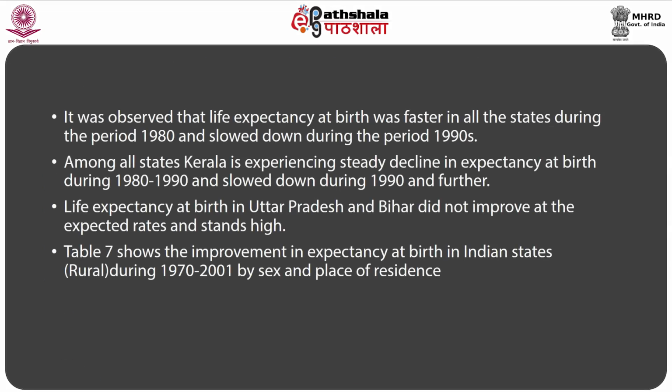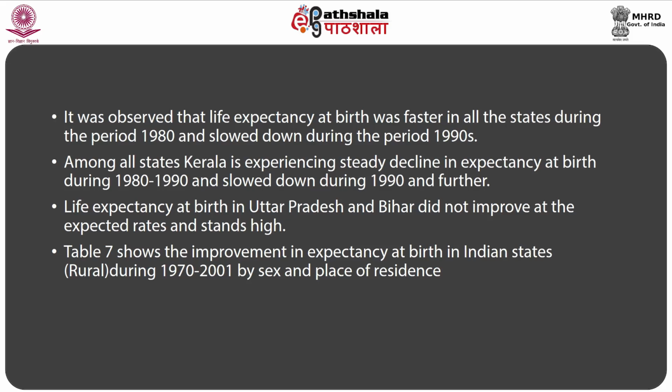It was observed that life expectancy at birth improved faster in all the states during the 1980s and slowed down during the 1990s. Among all the states, Kerala experienced a steady improvement in life expectancy at birth during 1980-1990, which slowed down during the 1990s and further.